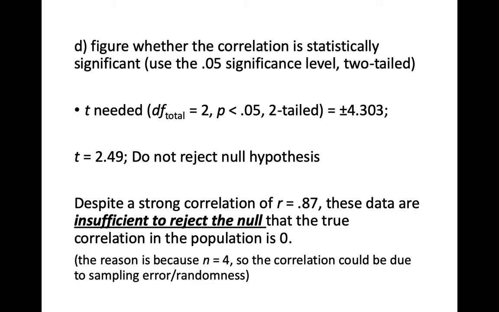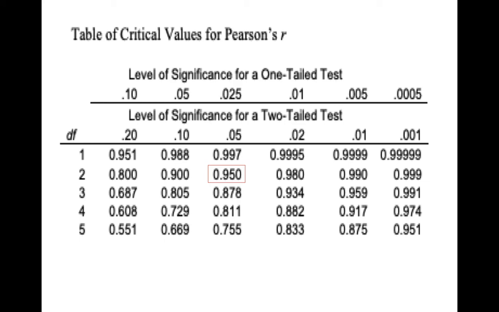Inferential statistics is saying, is that relationship found among all people, our population? Not just the 4 people that we have in our sample, but in a population. And based on only 4 people, this strong correlation would be insufficient evidence to make a generalization about all people in the population.